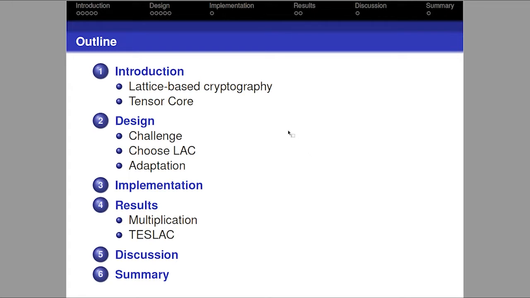And then I will demonstrate some details of our design and implementation. After that, I will show the evaluation results of our prototype system. Finally, I will talk about the scalability of our solution and make a brief summary.